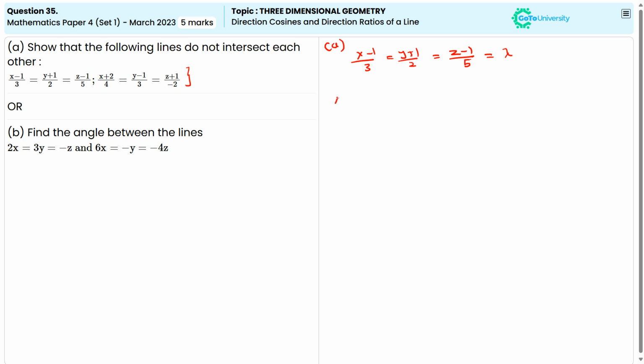So we get x equal to 3 lambda plus 1, y equal to 2 lambda minus 1 and z equal to 5 lambda plus 1. Now the coordinates of a general point on the first line are (3 lambda plus 1, 2 lambda minus 1, 5 lambda plus 1).